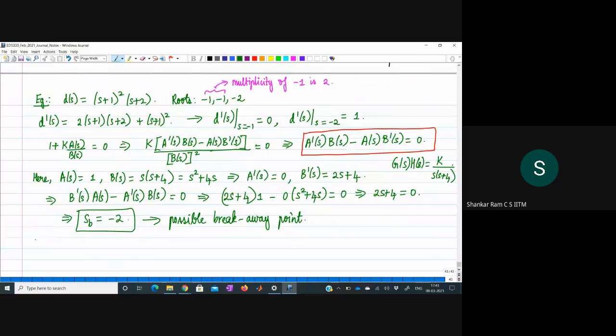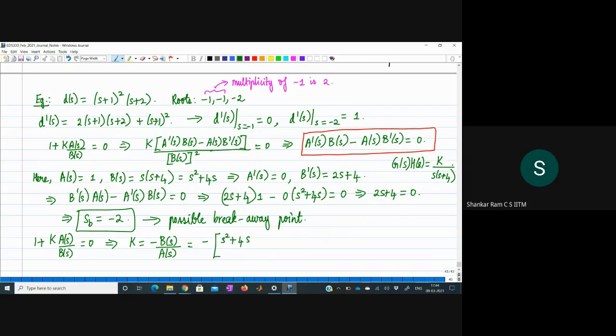How do we check the value of k? When we started our analysis, we started with k being a positive real number. So we have to ensure that whatever solution we get for a potential breakaway point, k there should also be positive. Otherwise it is not a breakaway point.